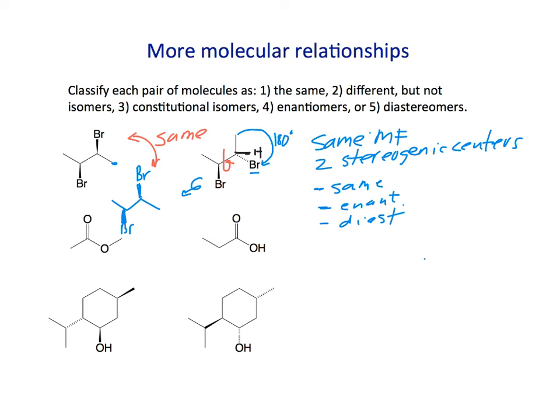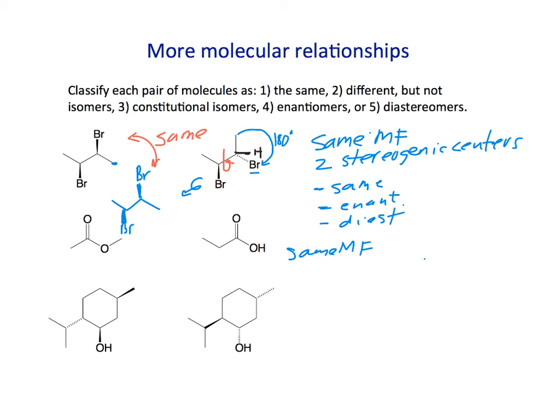All right? Next two, same molecular formula, but it has no stereogenic centers, right? There's no chirality. So these could either be constitutional isomers or they could be the same.